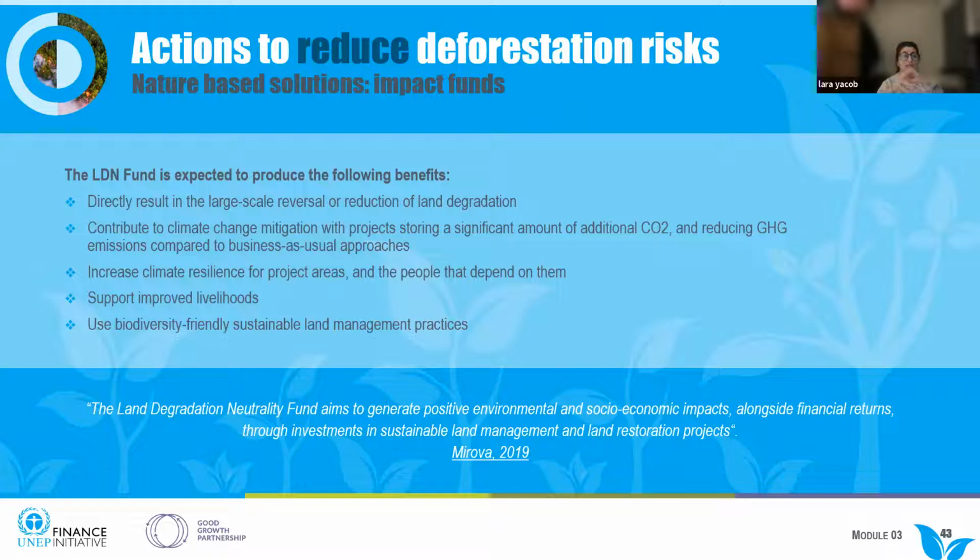What we noticed was that there was a lot of interest in this area, but not a lot of capacity to work with this topic and to start conceptualizing what that actually means for them as financial institutions, and how to start structuring deals with nature-based solutions in mind. So it's just to let you know that we are working with financial entities, but I think it's still a long ways away. Next slide, please.